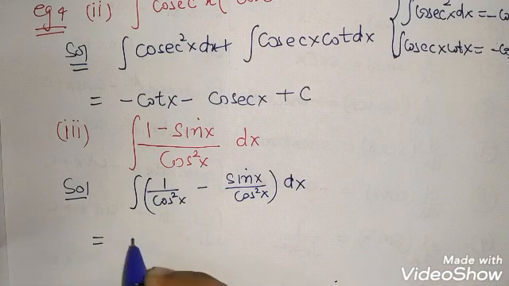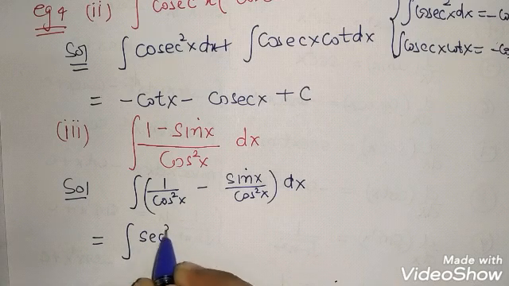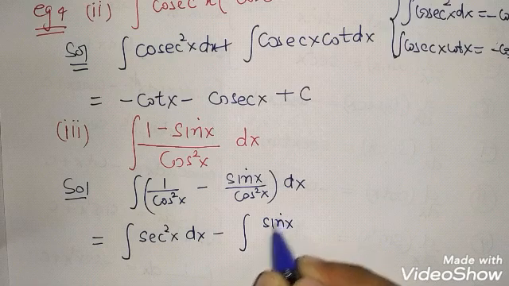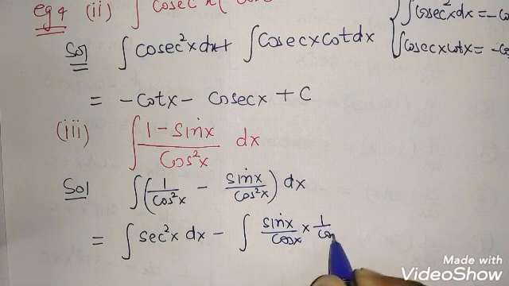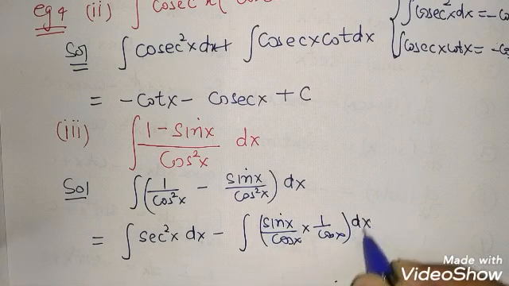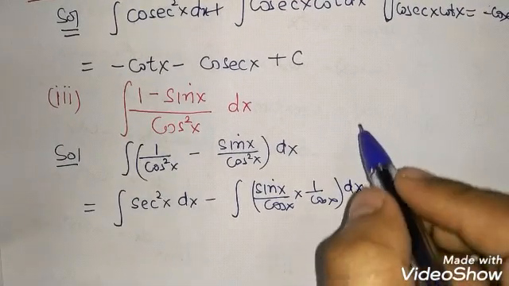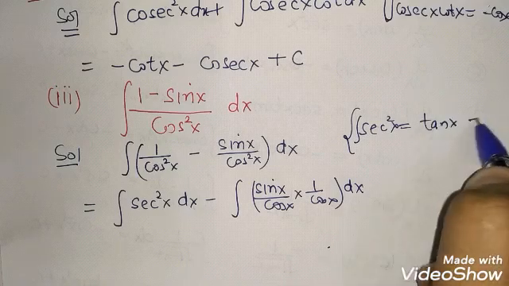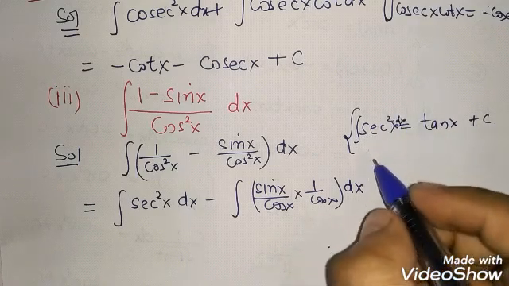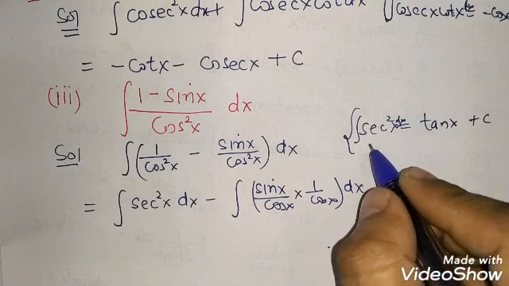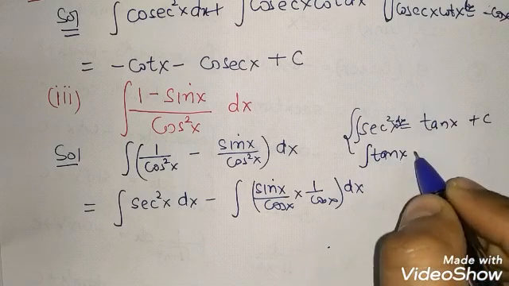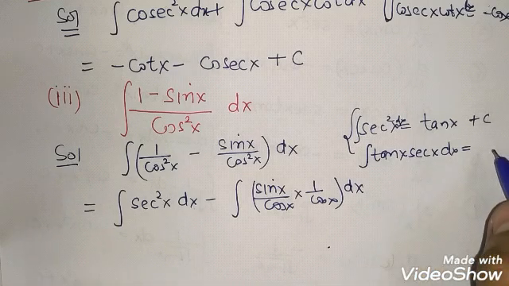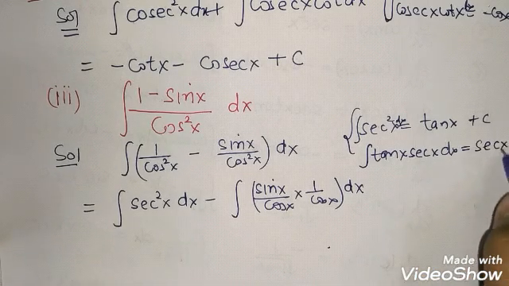1 upon cos square x is secant square x dx. Write integration separately. This is sin x upon cos x into 1 upon cos x dx. You know very well, integration of secant square x equals tan x plus c, and integration of tan x secant x dx is secant x plus c.